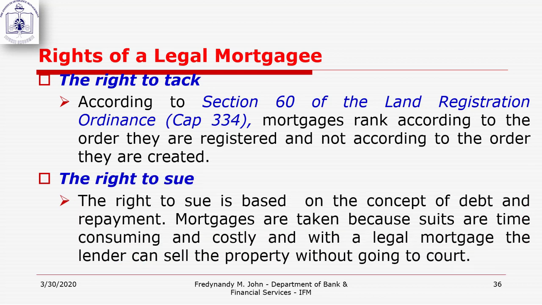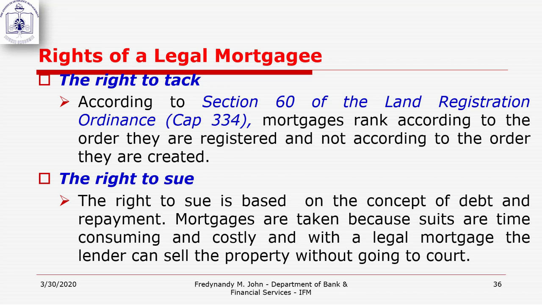Then there's what we call the right to sue. That is, under the concept of debt and repayment, the banker is allowed to sue the mortgager, that is, the borrower, in case they do not meet their obligation.